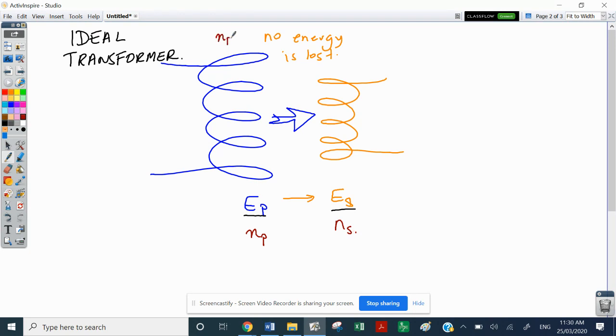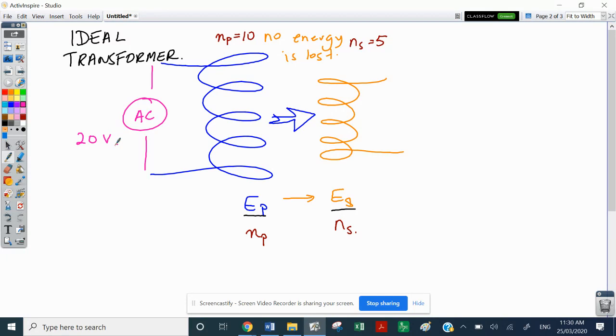How about we say Np in this case is 10 and Ns is equal to 5. So there's twice as many in the primary or the first coil than the second coil. And don't forget, the primary coil is attached to the AC voltage. Let's make a nice value of 20 volts there.